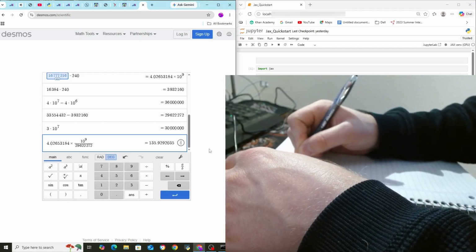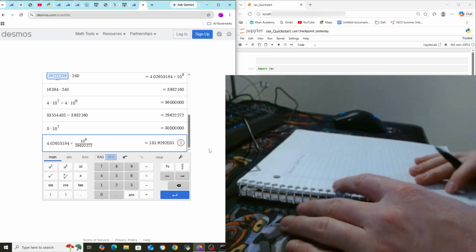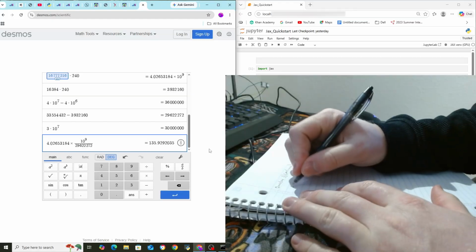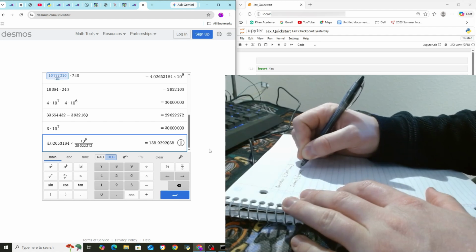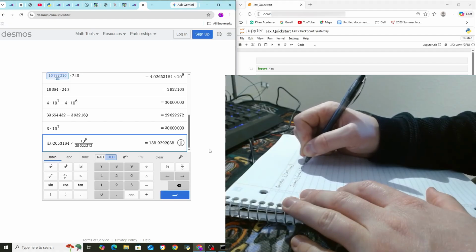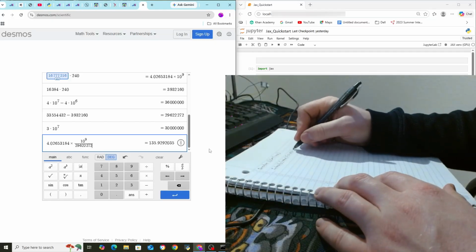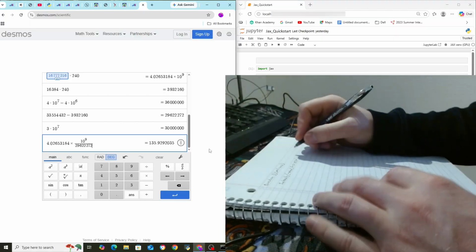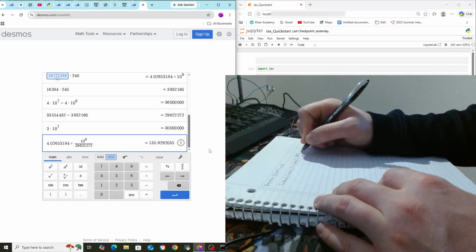Question 3, continued. Intensity, matmul, F equals D equals 1024. Equals 2BDF divided by, should be 2BD, 2DF, or no, DF plus BF.